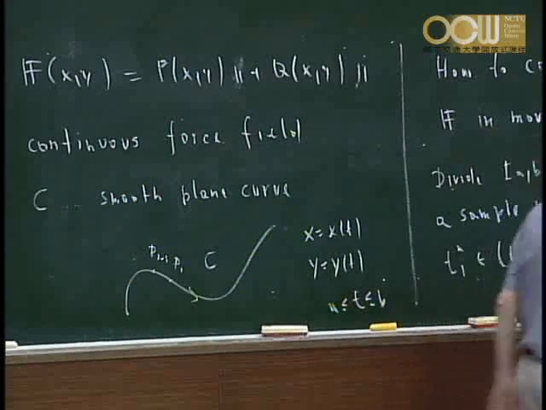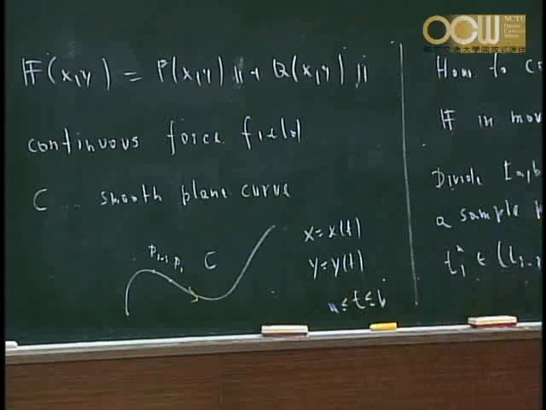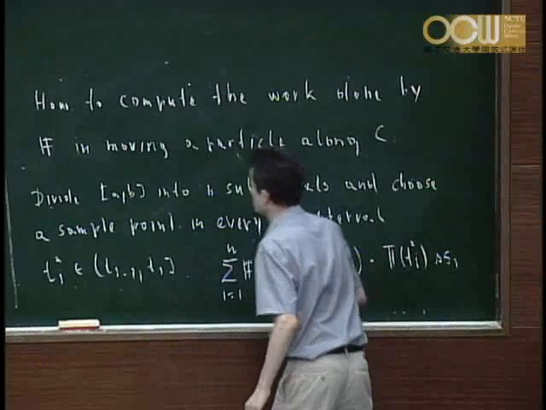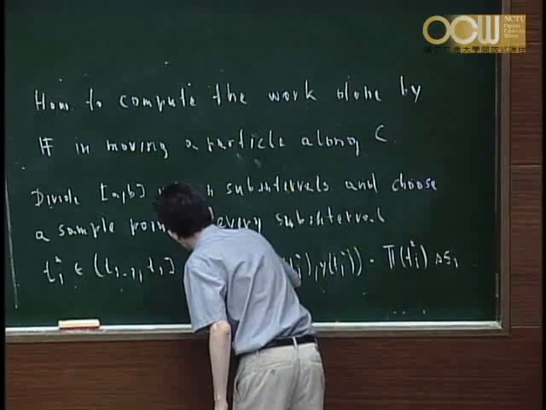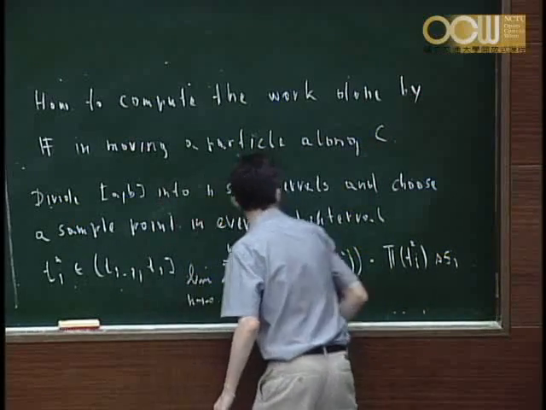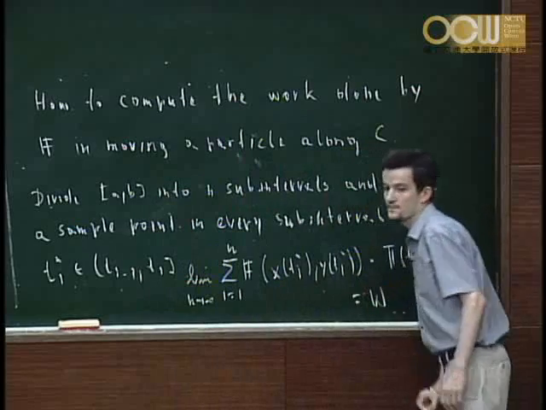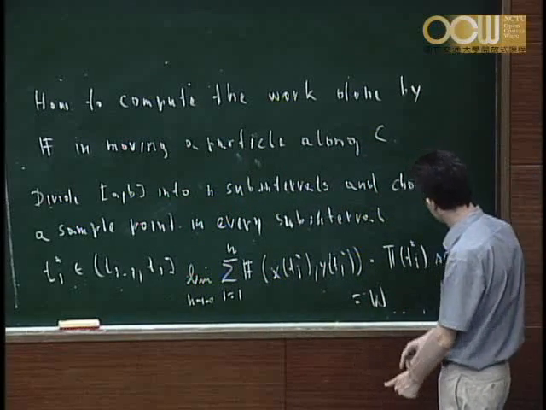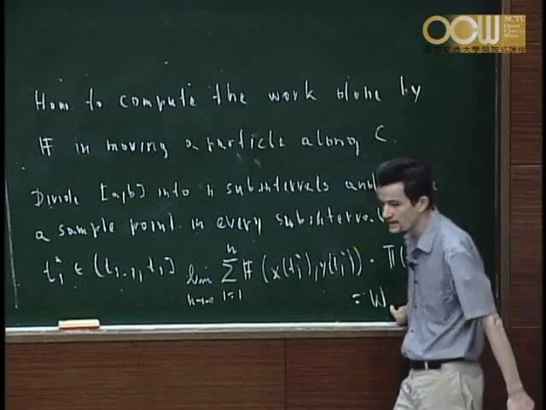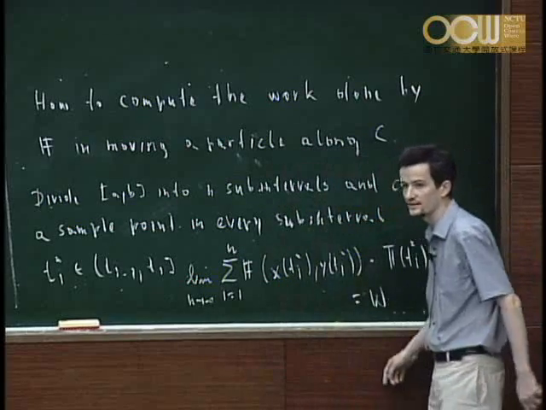And now what you do is sum over all of them, and let n tend to infinity. And what you get is the work. So you see that indeed the work is given by the line integral, because this was our definition of the line integral.